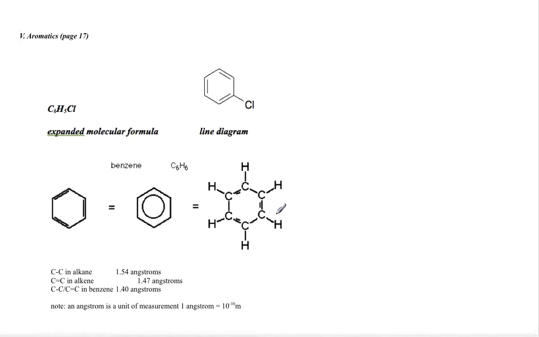Now, the reason that benzene behaves in this way comes down to its structure. It's a much more stable structure, and you actually have the knowledge in order to understand this. Because when you look at this molecule, what you might observe is that there could potentially be a resonance structure of this.